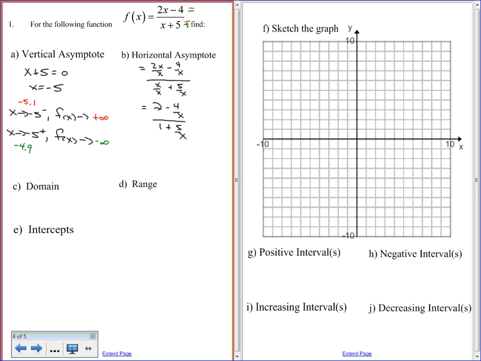Once I have it in that form, now I can figure out the horizontal asymptote by saying as x approaches positive and negative infinity, then 2 doesn't change, but 4 divided by x is going to go towards 0. 1 doesn't change, but 5 divided by x is going to head towards 0.